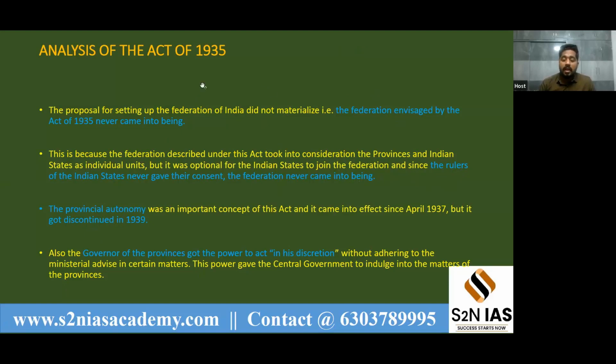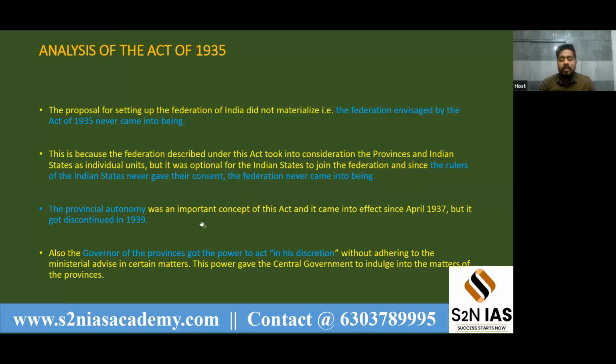Even after 1947, the Government of India used some force and pressurized some princely states to join India, but still some princely state kings were resistant towards joining the Indian Union. When they were not ready to join even under pressure, how can you expect they would join the federation voluntarily?